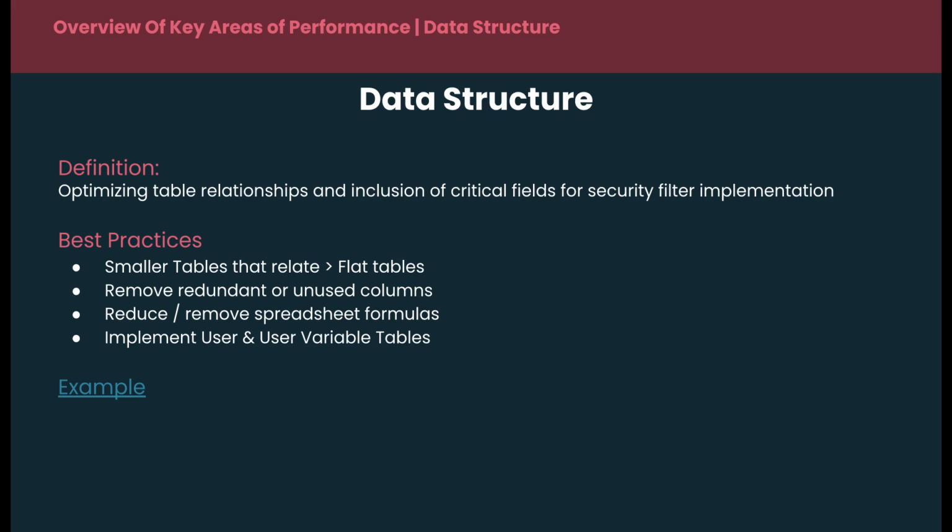Lastly, I would say implementing user and user variable tables. So we covered this in our meeting, and I do have an example. For sake of time, I'm not sure if I'll go there, but generally, I would highly, highly, highly recommend having for every single app a user table so that you can establish user specific parameters.